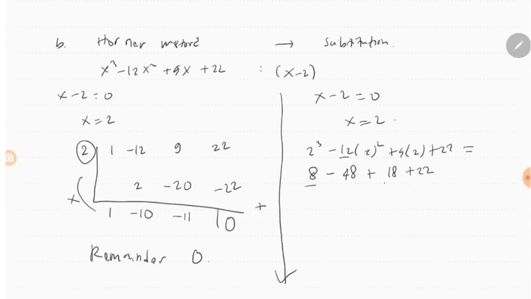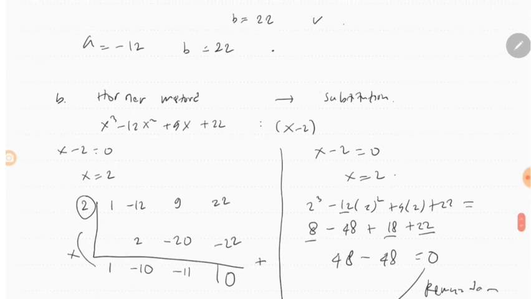So 8 plus 18 plus 22 is 48, right? So you subtract 48 and you have 0. So it gives the same remainder, right? Okay, you can choose one of those ways to answer part B.